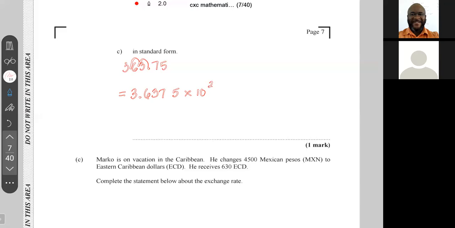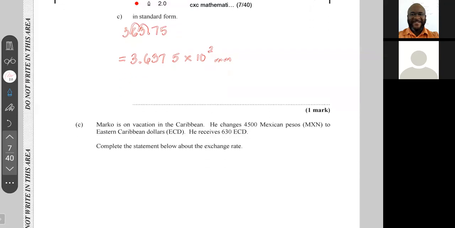If it starts with any other number, the power is positive. So since the number starts with a 3, the power must be positive. So in standard form, 363.75 becomes 3.6375 times 10 to the second power, and this is still millimeters.